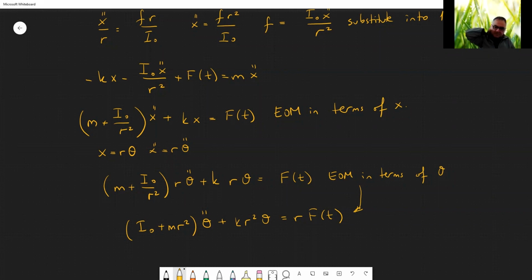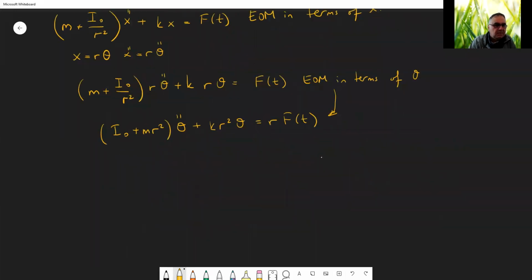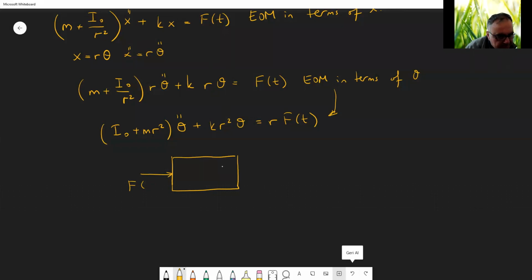So this is another possible equation that represents this system. So you can have, for example, a block diagram like this, in which f of s is the input and x of s is the output.